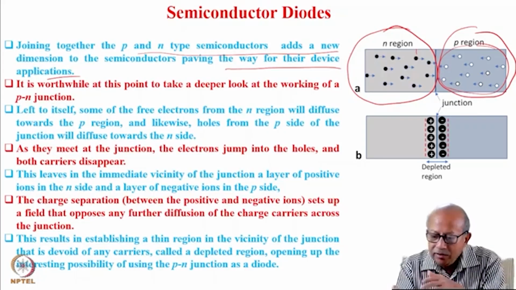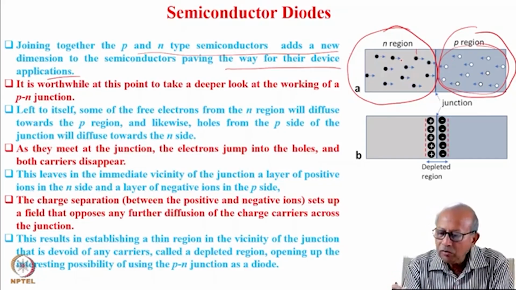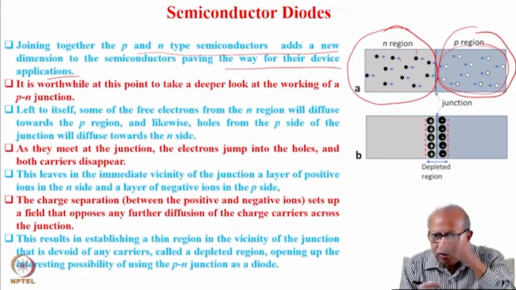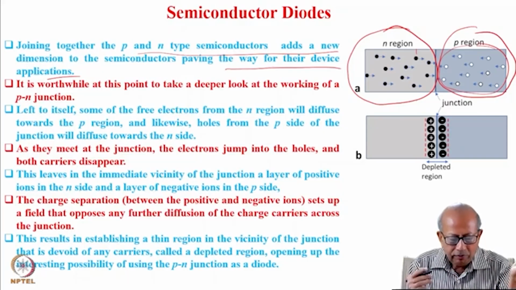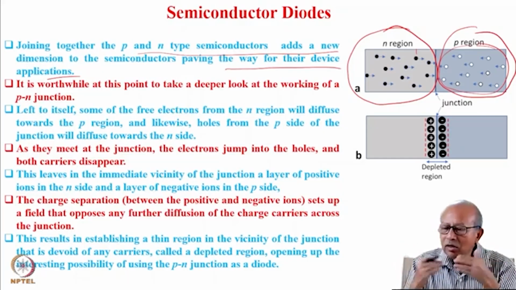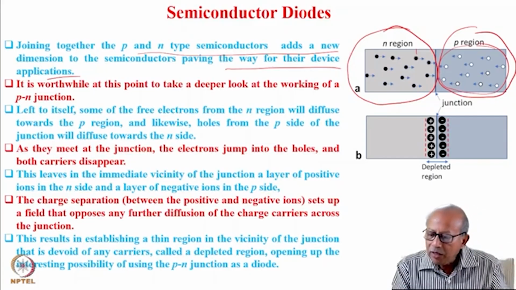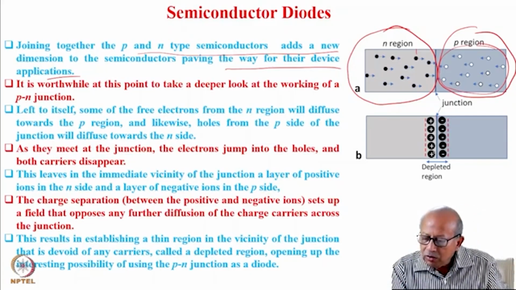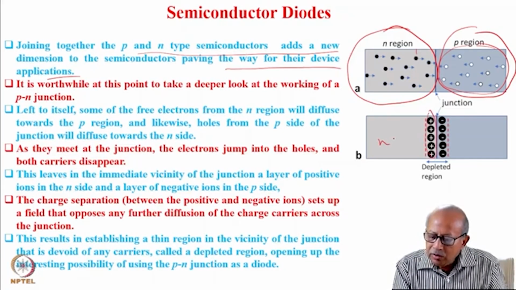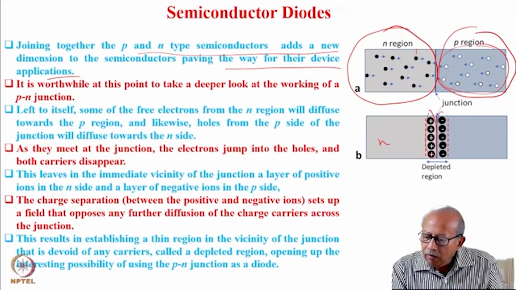As they meet at the junction, the electrons will jump into the holes and disappear, and the charge carriers disappear. This leaves the immediate vicinity of the junction with a layer of positive ions in the n region and a layer of negative ions in the p region.